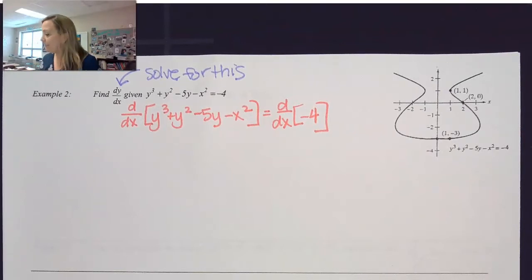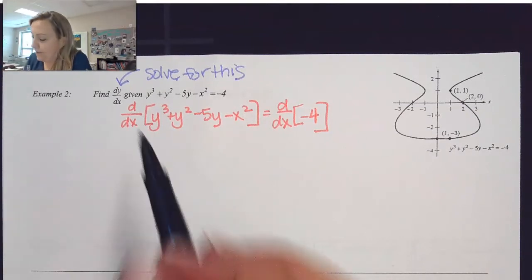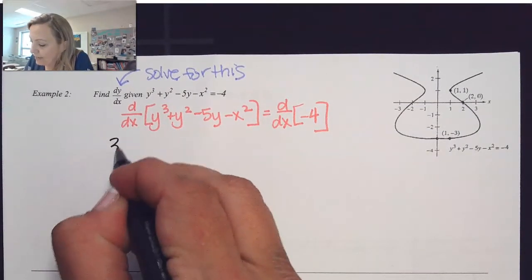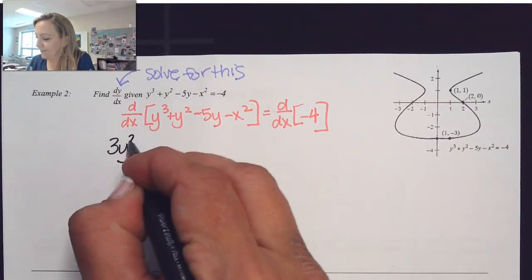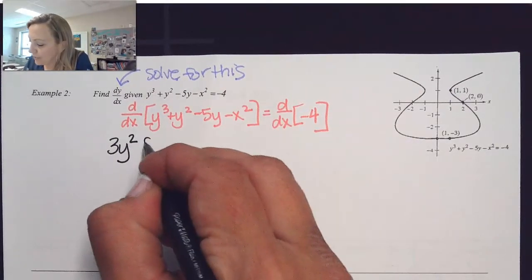So now let's keep in mind what we were saying and basically take the derivative of each term. Okay, so when we do that, we end up with 3y squared, but these don't match, dy dx.